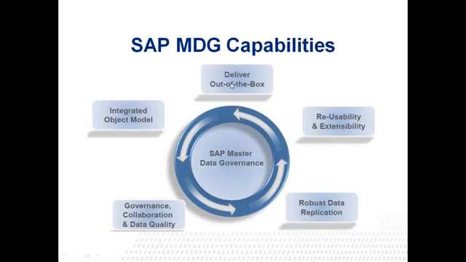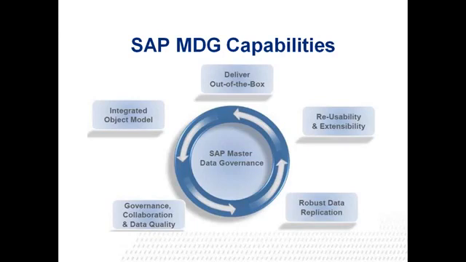So it's a delivered out-of-box system with an integrated object data model. We discussed what the integrated object model is. Governance and collaboration: it is easy to govern and easy to create the governance processes, and we have quality-related things also. Everything is available in my out-of-box MDG.